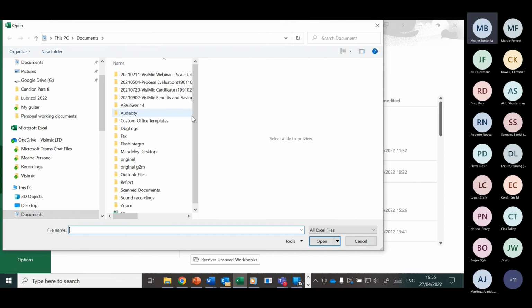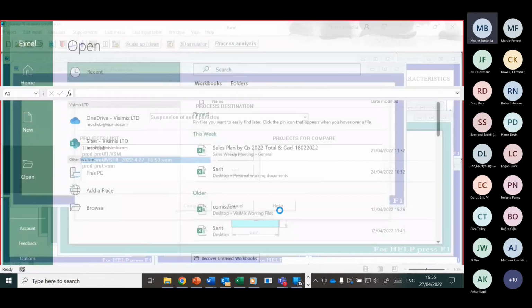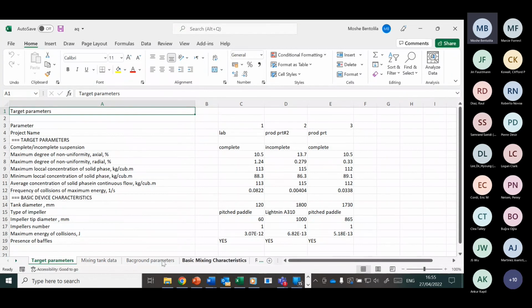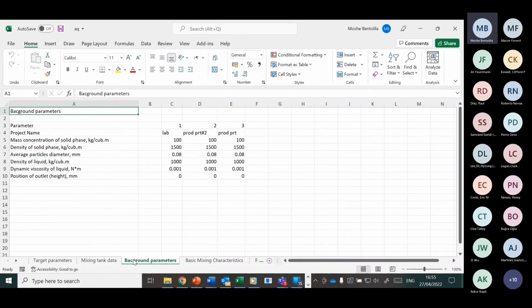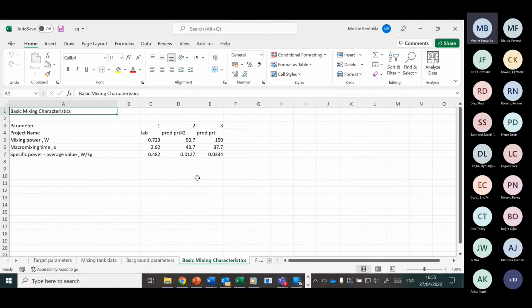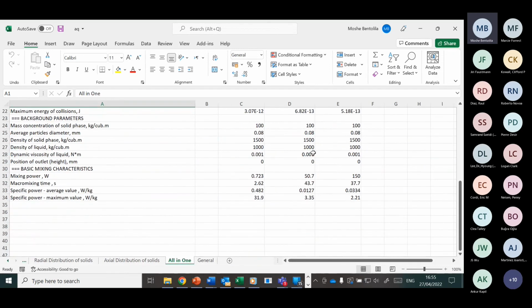I think this is the more optimal one, because you have all of this in front of you: the basic results, the data of the equipment, all other important data, the mixing power, mixing times that are controlling these solid liquids, the action and distribution of solids, and all the data together. This is in Excel. You can manage it and generate your reports according to what is required for you. So this is what I wanted to show you.